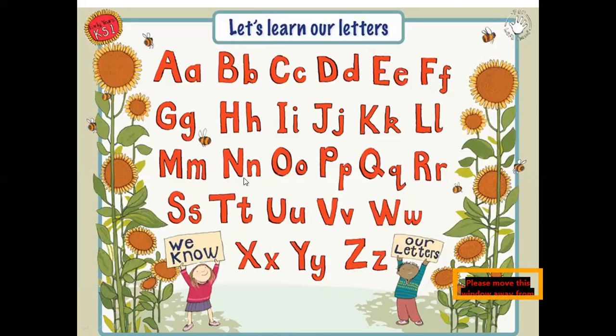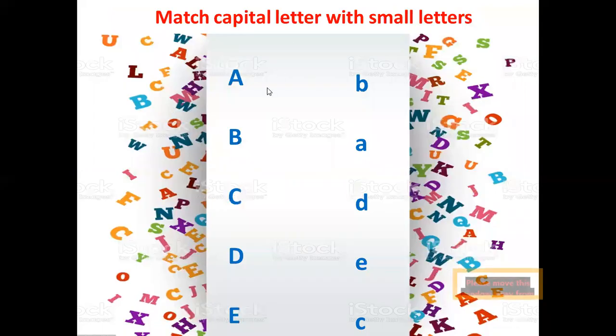From A to N we will do in today's lecture, and from O to Z we will complete the letters in an upcoming lecture. Okay, dear little learners, let's start our actual lecture of today, which is based on matching the capital letter with the small letter.